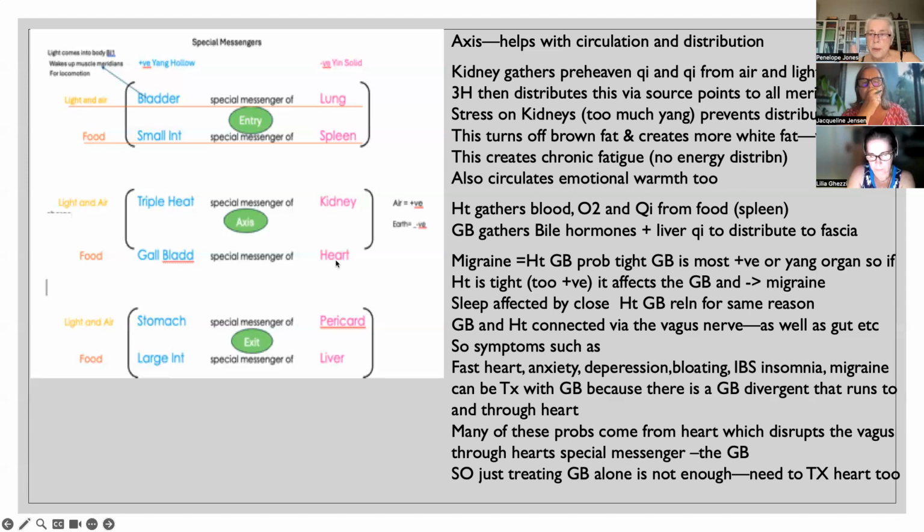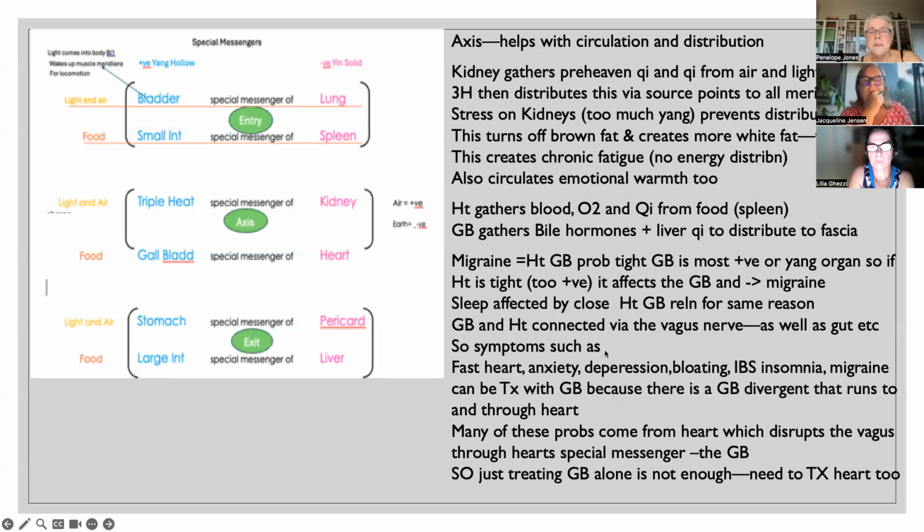So if there's a problem in one, it's going to create a problem in both. Gallbladder and heart are connected via the vagus nerve, as well as the gut. So if you have a problem with the vagus nerve, it's not just the gallbladder and the heart that are affected, but your gut and a whole lot of other things as well.